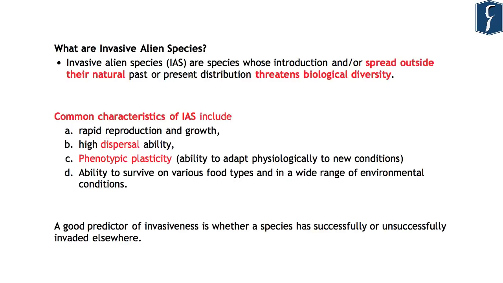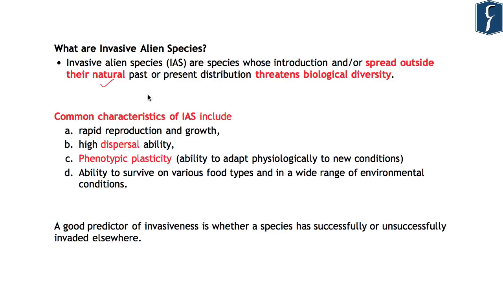Now starting with what are invasive alien species: these are species whose introduction or spread outside their natural present or past distribution threatens biological diversity. As we know, almost all the varieties of plants and animals have their natural distribution. Now due to various factors, some of the species start spreading into areas which are not traditionally their habitats or natural distribution, and hence it leads to threats to the biodiversity of the original flora and fauna of that place.